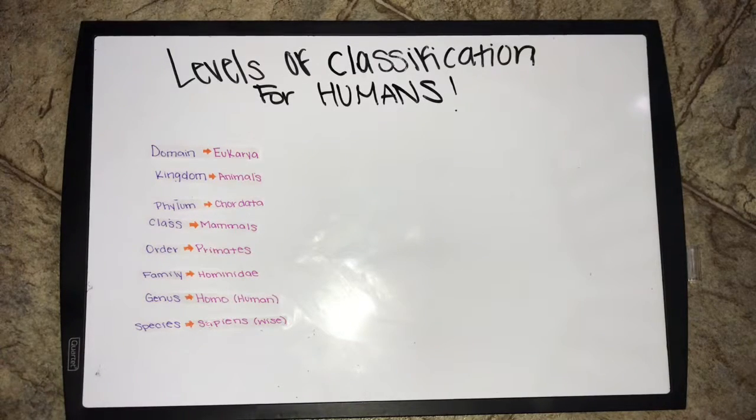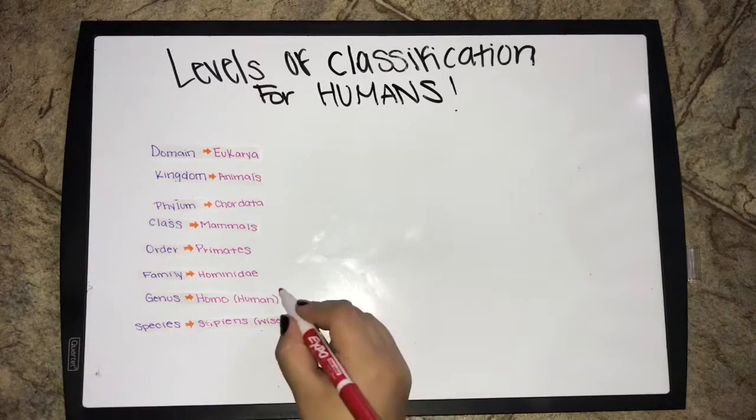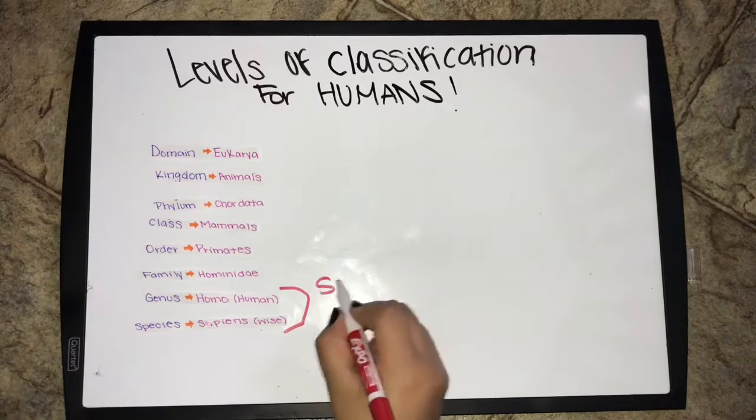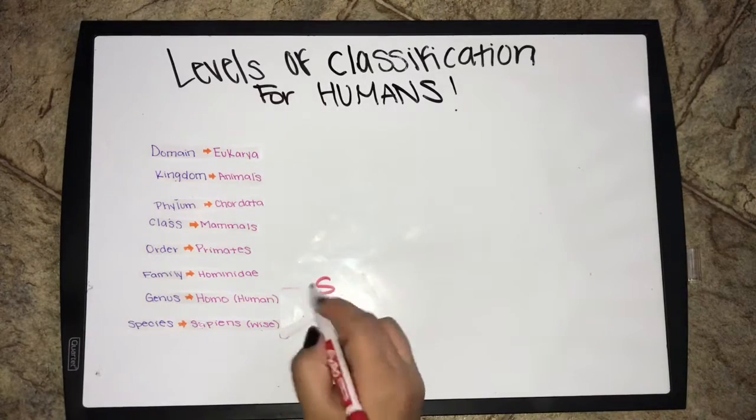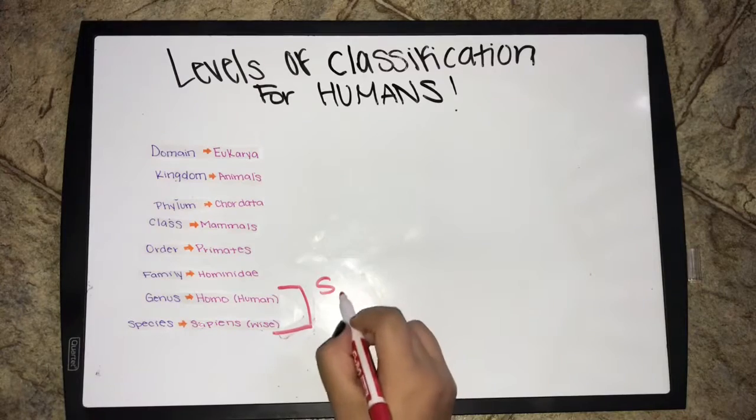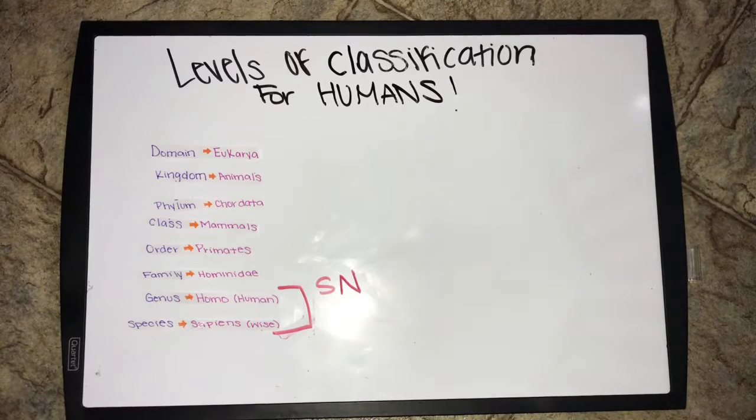Now, you may wonder, how do I find out what the scientific name is? The way you find out the scientific name, SN, is you just look at the genus and the species. You might also be wondering how to write the scientific name.